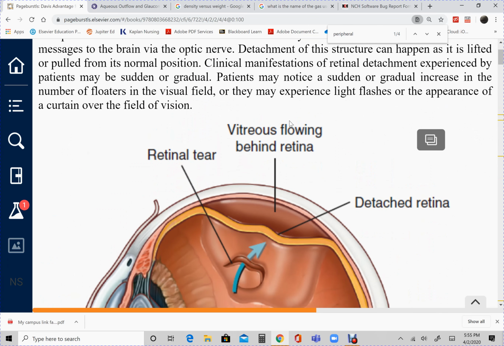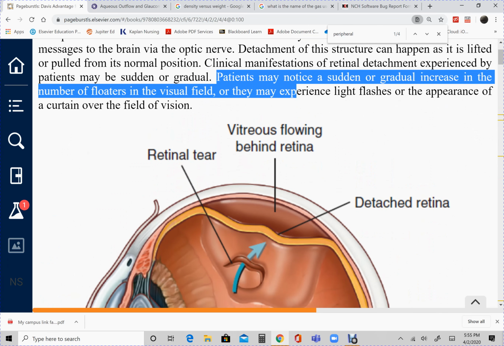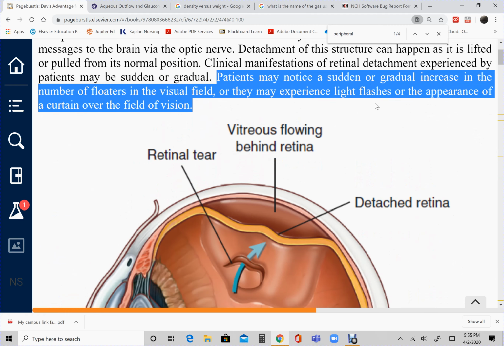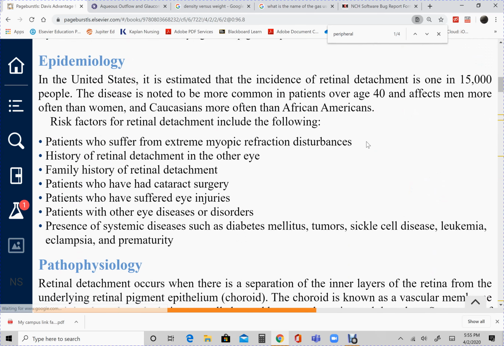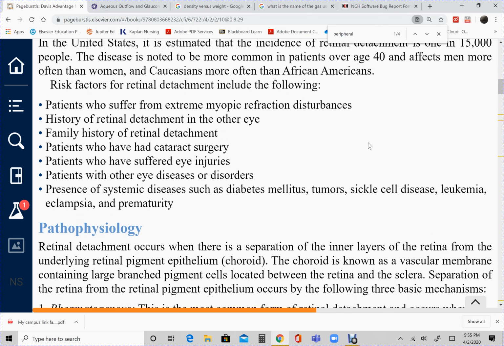There are manifestations mentioned here, but the complete manifestations will be under clinical manifestations. These are the common causes. So one is trauma. Take note that cataract surgery is traumatic, so that's why this can possibly cause retinal detachment.